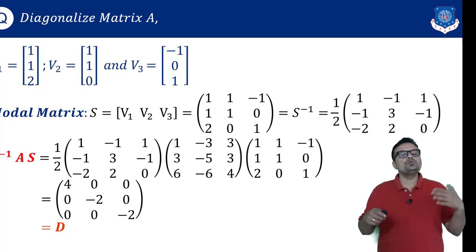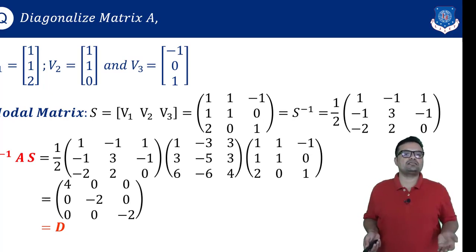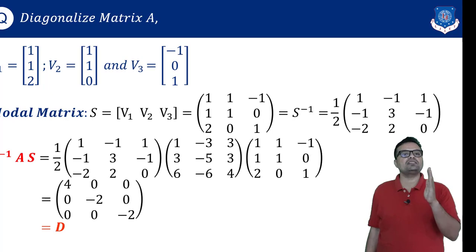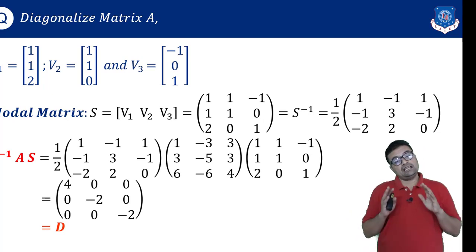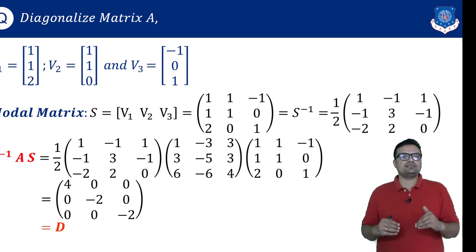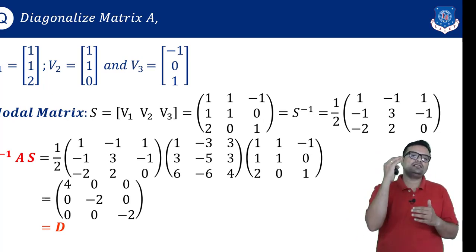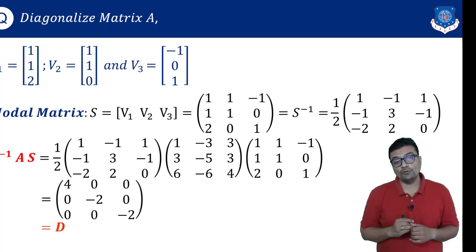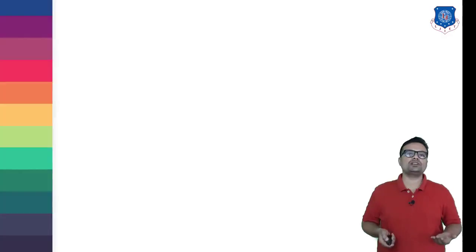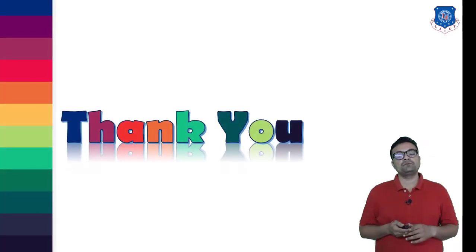So there is no rule for selection of eigenvectors. It is not that the first eigenvector is always for the first eigenvalue. You can interchange v1, v2, v3. And whatsoever be the answer, the corresponding eigenvector will give you the eigenvalue in that situation. I hope this part is clear, how to go for the diagonalization of the matrix.